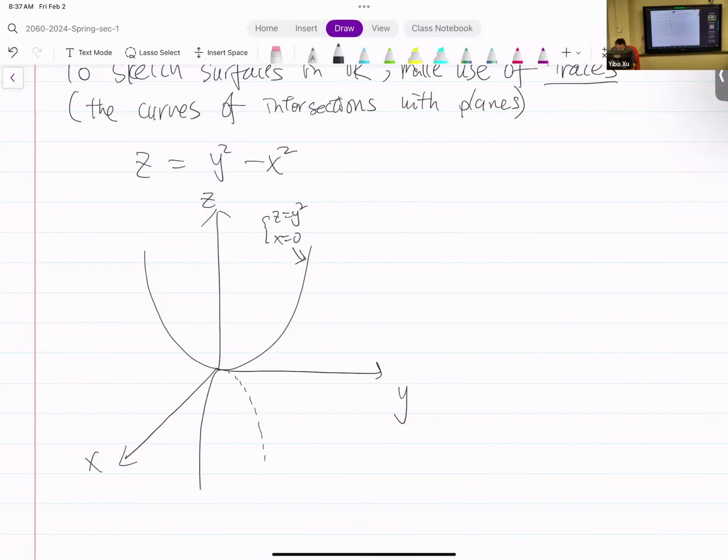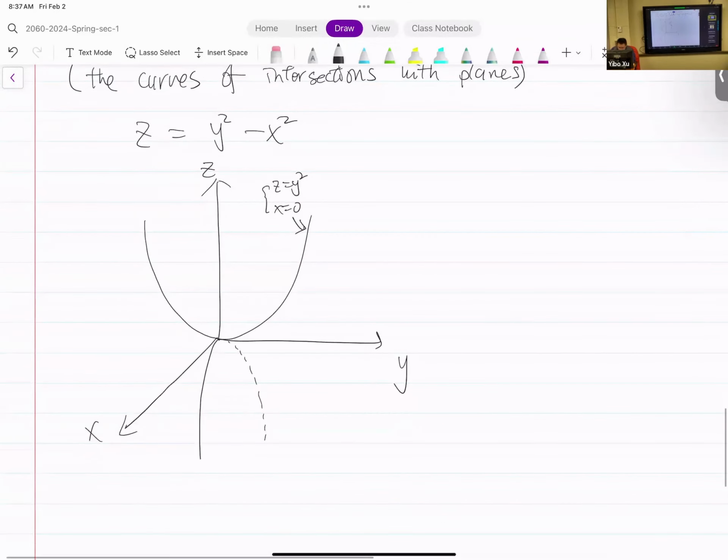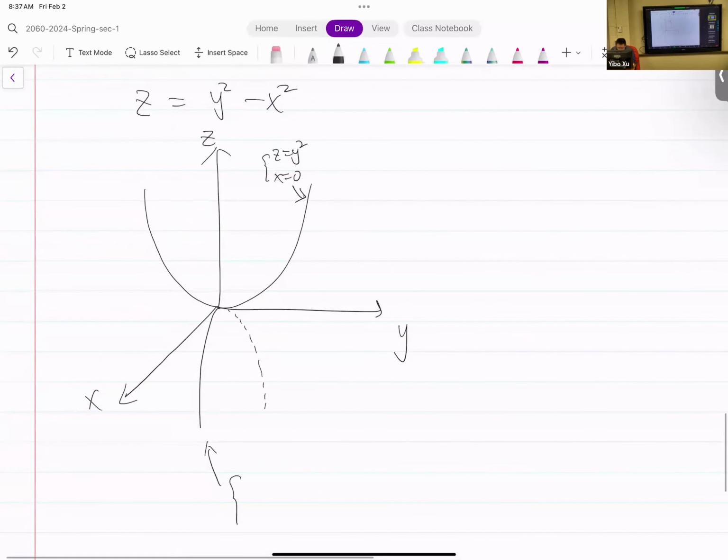And for transparency, I'm going to do dashed lines right here. So this is where we have y equal to 0, and z equal to negative x squared. A parabola opening downwards within the xz plane.